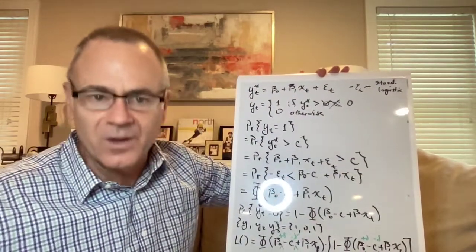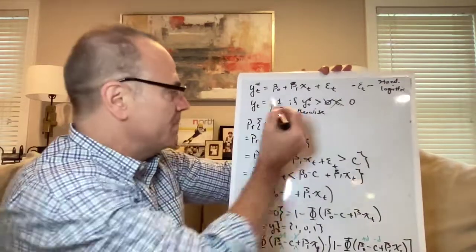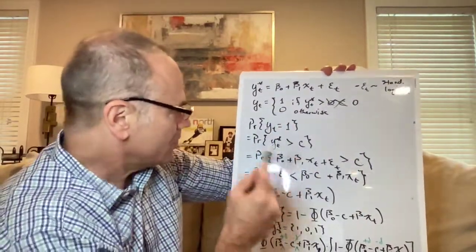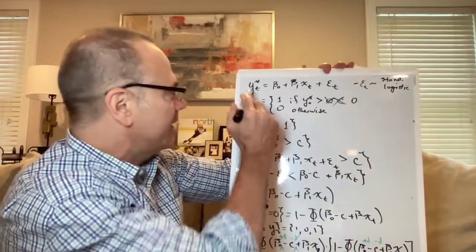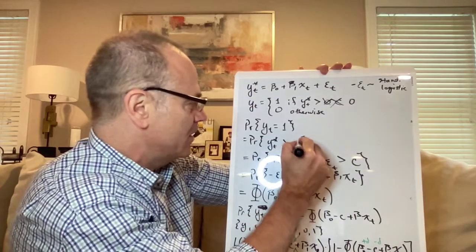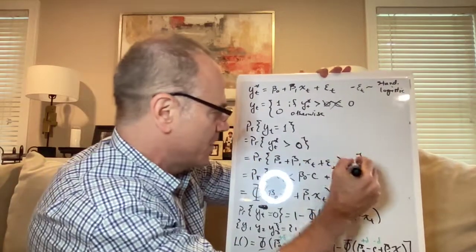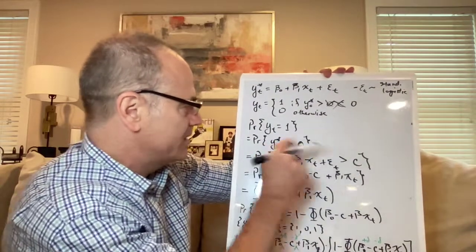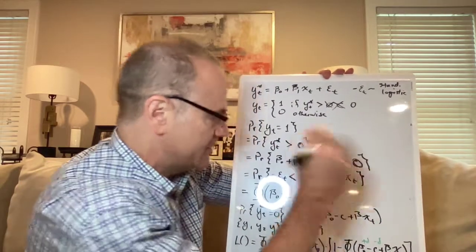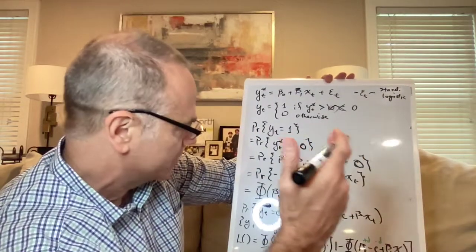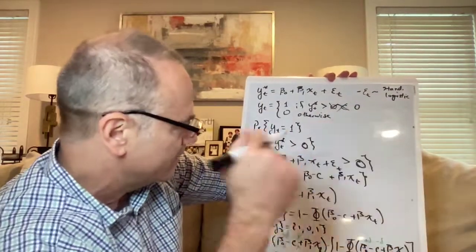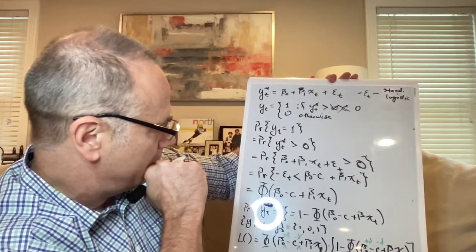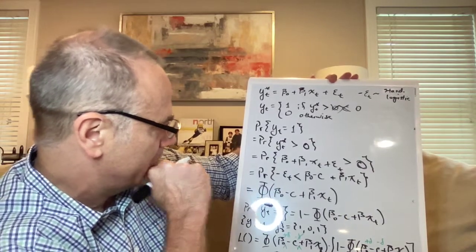Logit, just like a Probit, the dependent variable is 0, 1. Okay. So we want the probability that that latent variable is greater than 0. So we rewrite, we substitute in for yt star, set it back equal to 0 instead of c. Here's what we get. Okay.